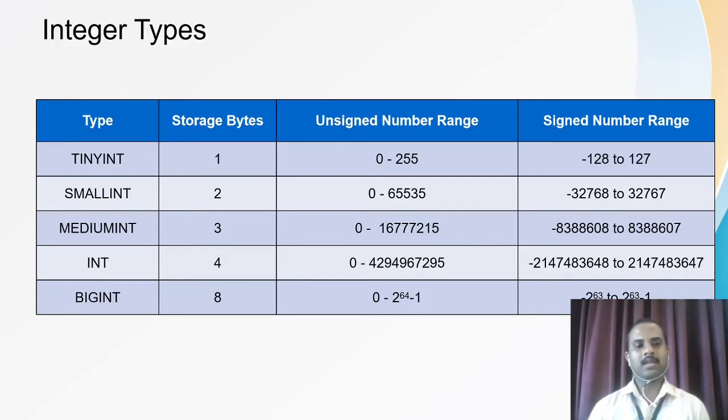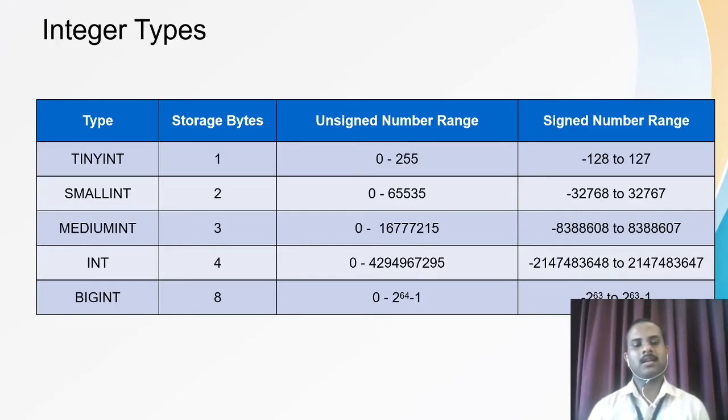In the same manner, small int uses 2 bytes, that is 16 bits. Since the most significant bit is used for the sign, it will be 2 to the power 15. So your range will be from minus 2 to the power 15 to 2 to the power 15 minus 1.